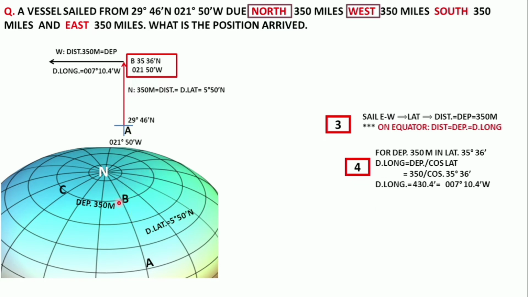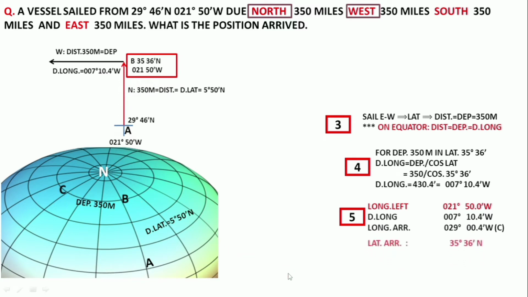We know the longitude of B, so we can always find out the longitude of C. So longitude left at B, D long west, we have arrived at position C here. That is the longitude. And the latitude would remain the same because she was running west along the same latitude. So the latitude arrived would be the same here and here. The longitude has changed.